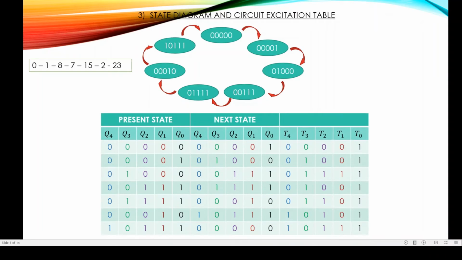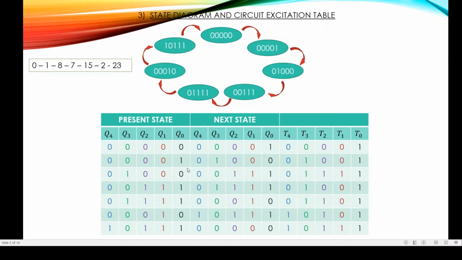Next, after we are done with the state diagram, we move to the circuit excitation table. For the present state and next state in this table, we just follow the state diagram. For example, for the first row, the present state is 0 0 0 0, and the next state, following the diagram, is 0 0 0 1. Back to the present state for the second row: the present state is now the previous next state, 0 0 0 1.